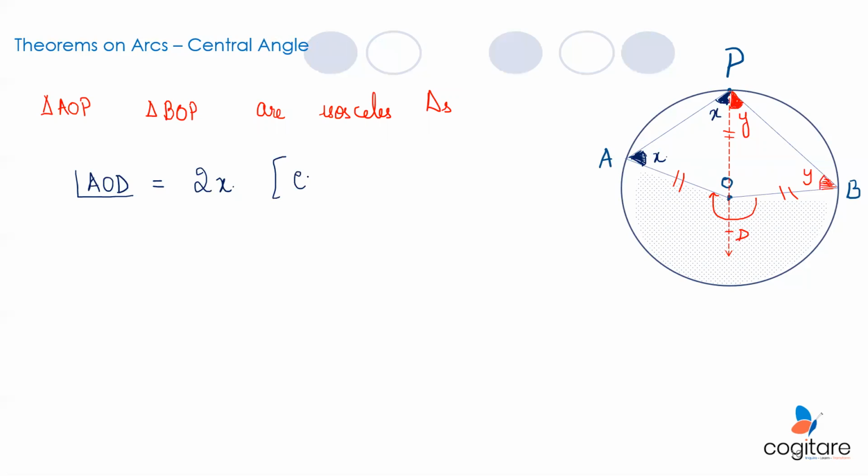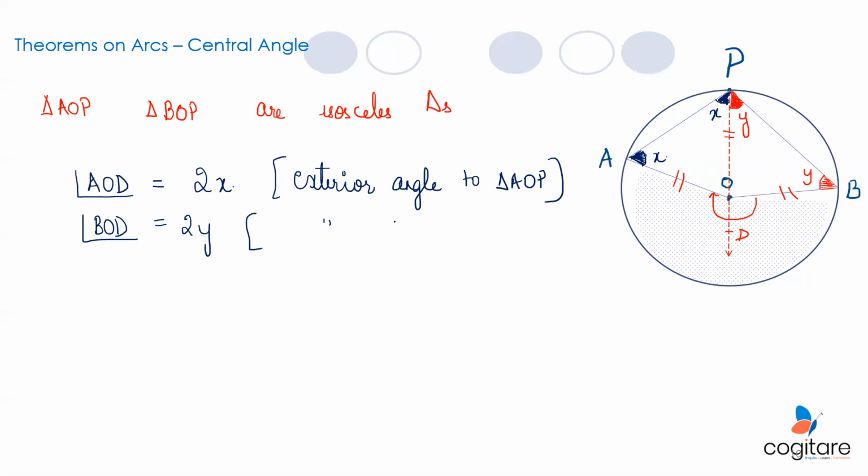It's still an exterior angle to triangle AOP. There's nothing new here. And angle POD is 2y, twice y. Same reason, but this time it's an exterior angle to triangle BOP. So this is 2x, this is 2y.